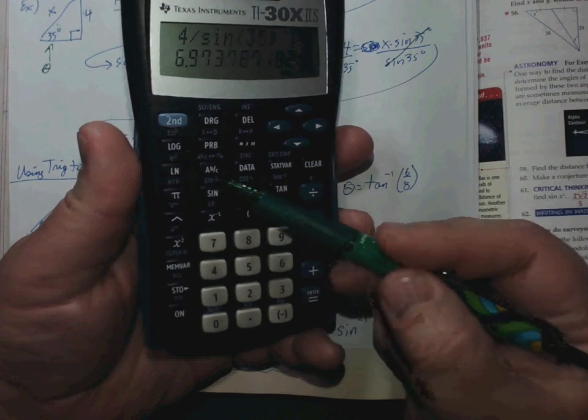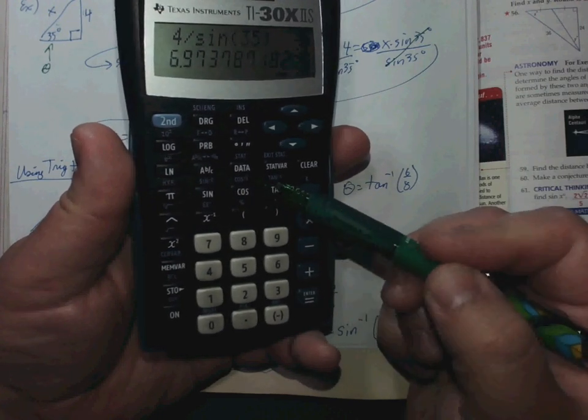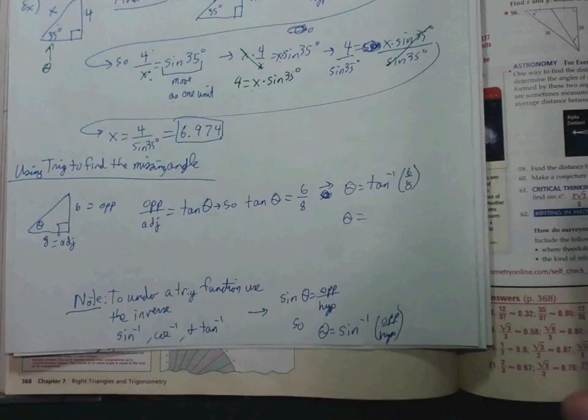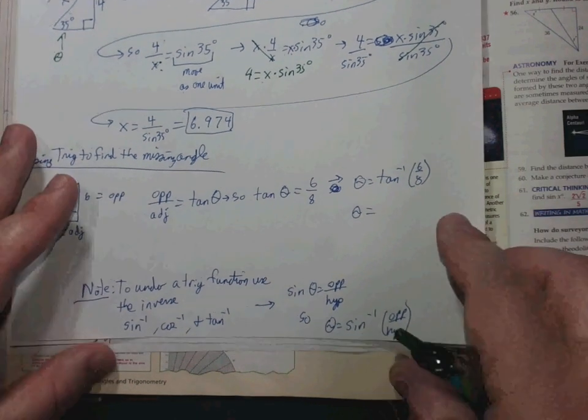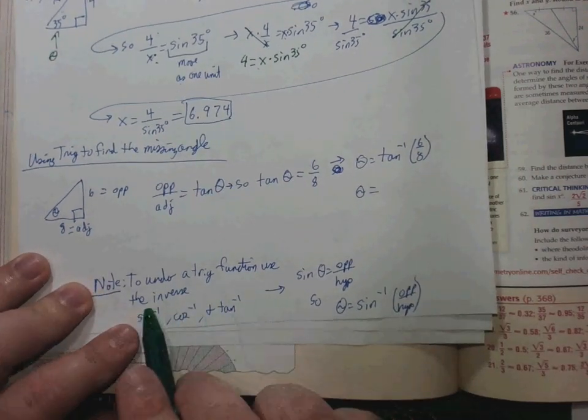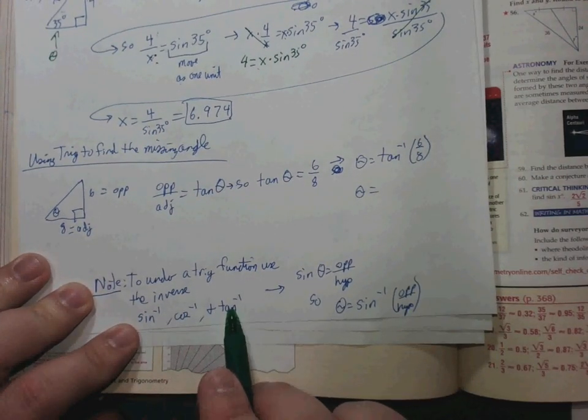You see sine, that little -1, cosine, that little -1, tangent, that little -1. That means inverse, the opposite of tangent, the opposite of sine, the opposite of cosine. So to undo a trig function, you use the inverse: sine inverse, cosine inverse, and tangent inverse.